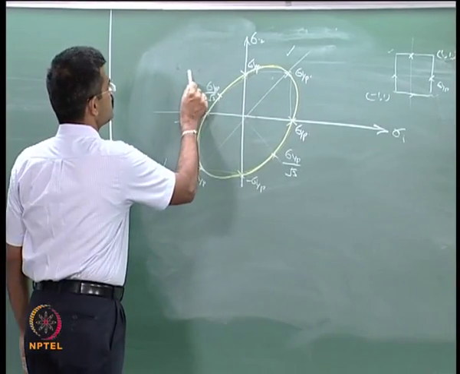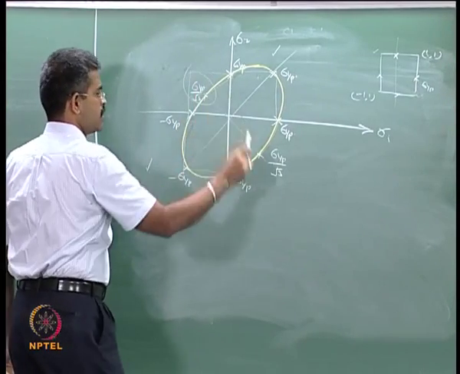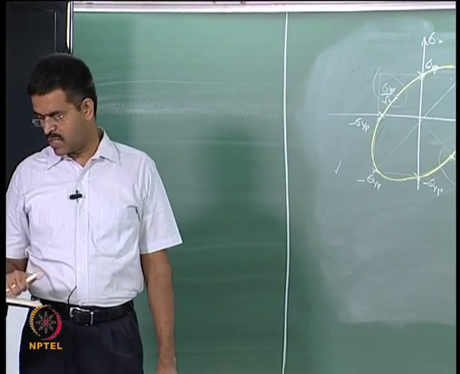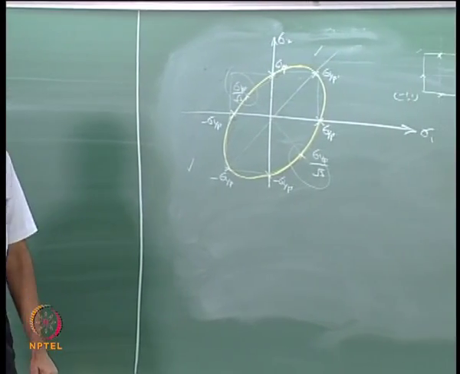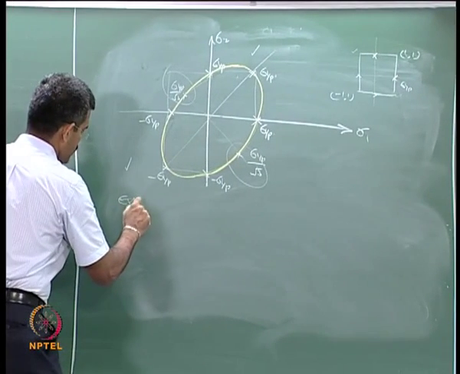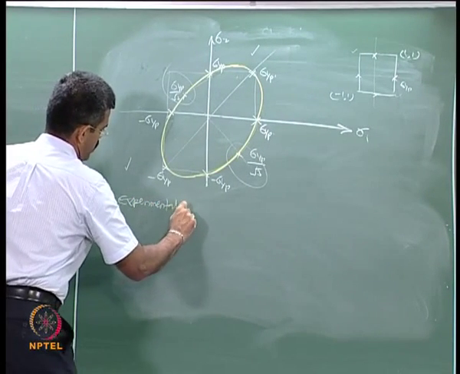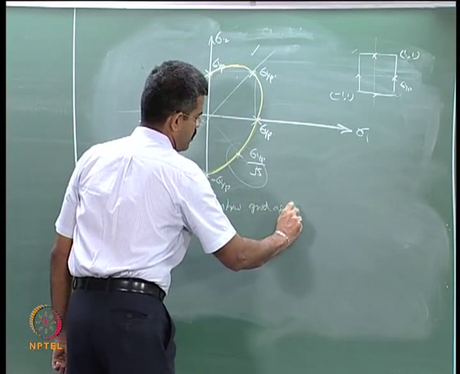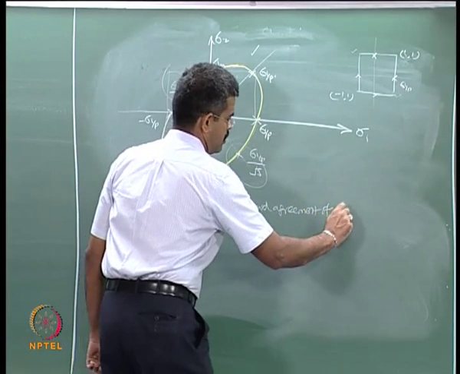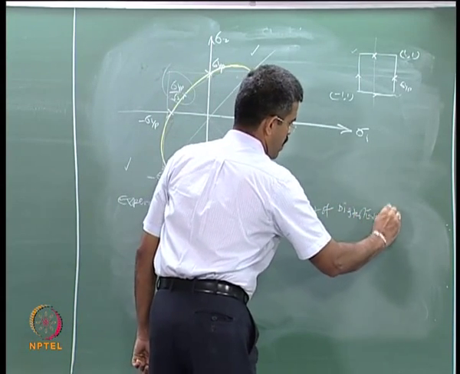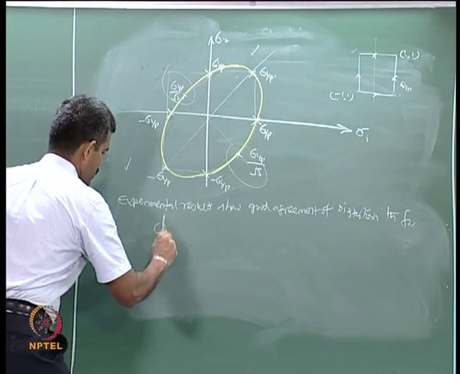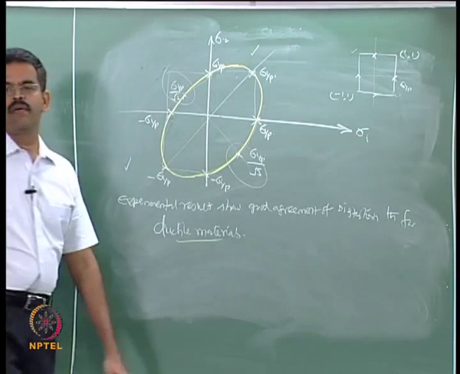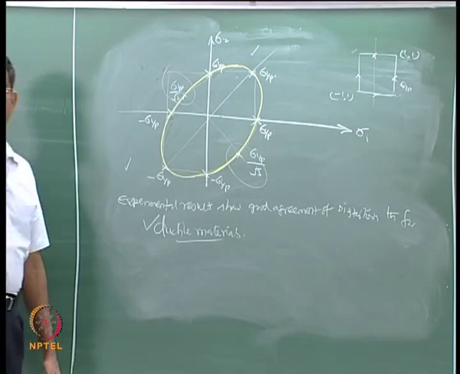So, there has been a good discrepancy in quadrants 2 and 4 given by the distortion theory compared to that of the maximum principal stress theory. So, it has been seen experimentally that experimental results show a good agreement of distortion theory for ductile materials. So, this theory is very good for ductile materials.